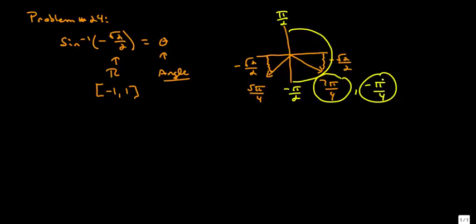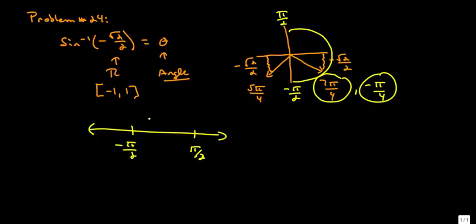So to solve this problem, again, there's a whole lot of solutions that we would think would naturally come out of an arcsine, but since there are so many solutions, it's not a function. So to define arcsine as a function, we need to restrict it between angle values of negative pi over 2 and pi over 2.